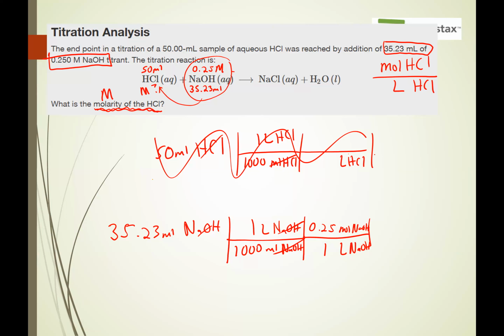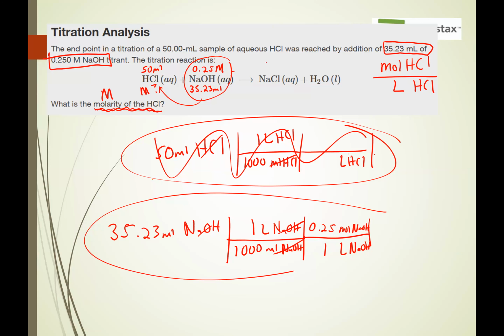We're not going to start with the 50 milliliters of HCl. We're going to start with the NaOH, because we have enough information. So if you have a molarity and a volume, start there. That's how we know to start with the 35.23, because that's the only one we have enough information with.